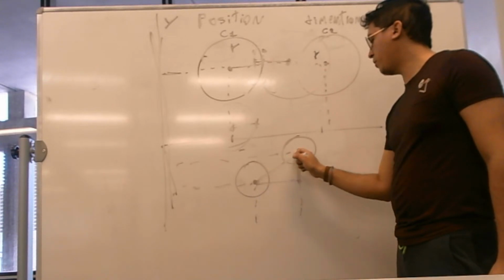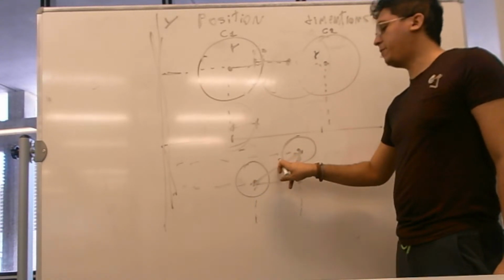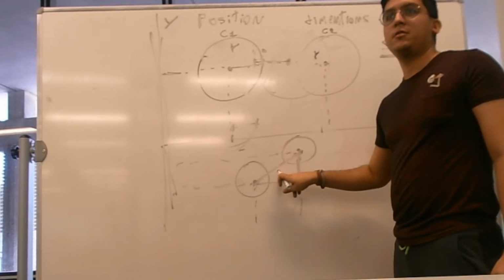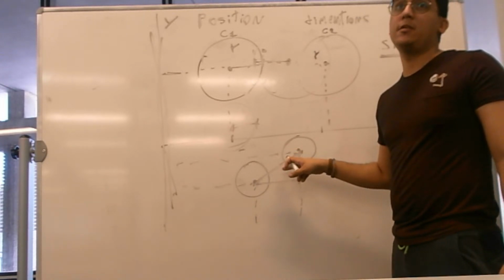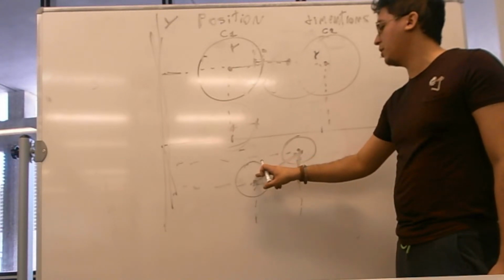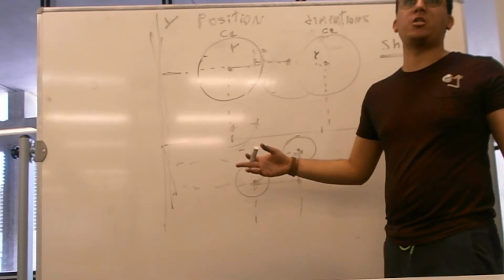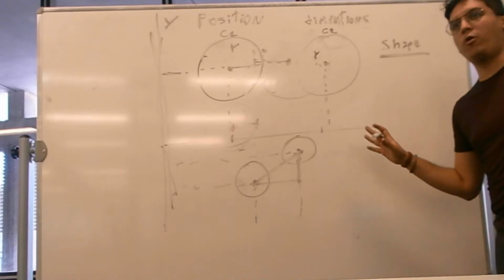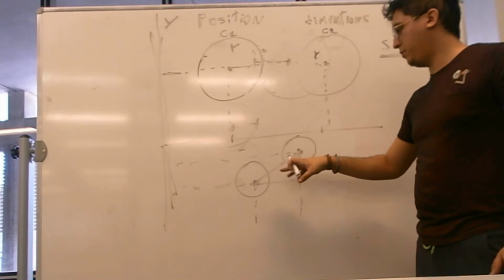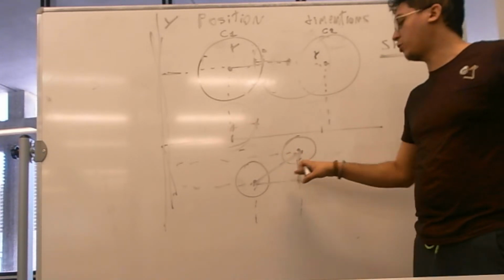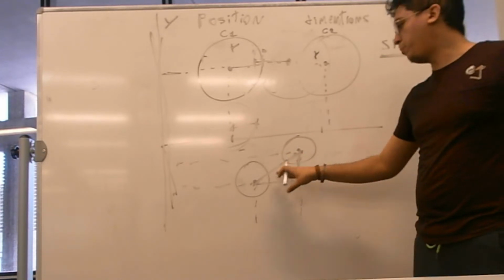You do the Pythagoras to get this, and if the hypotenuse is less than the length of both the radiuses, then they're touching. That's geometry. So that is for circles. That's why circles are the easiest, because you just do Pythagoras.